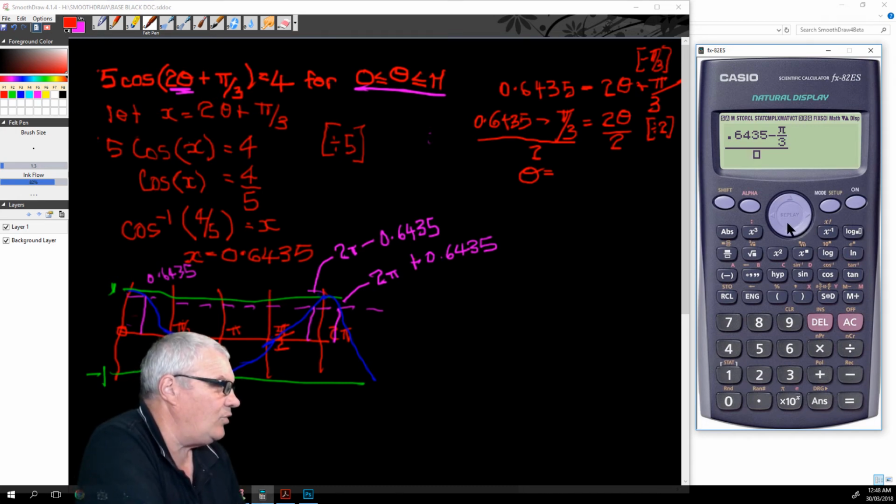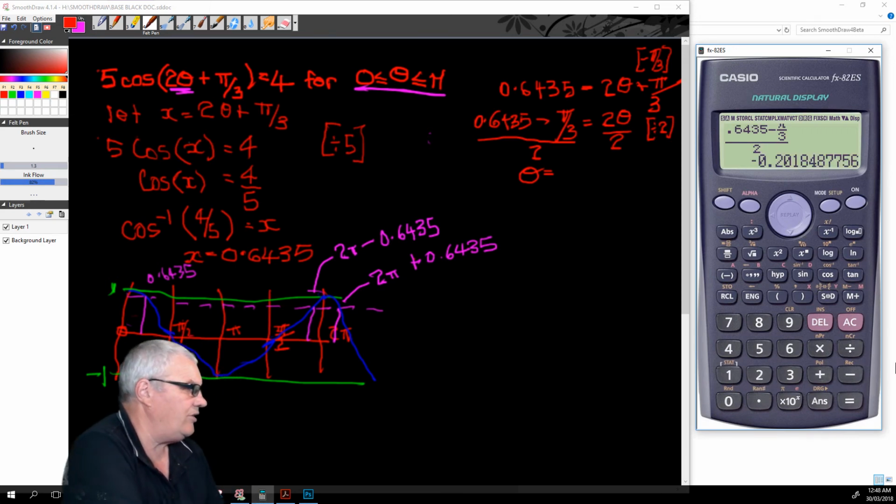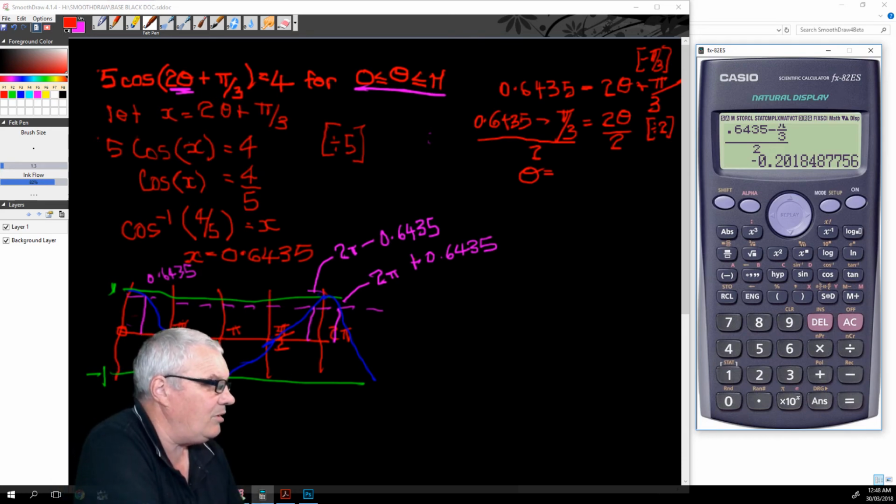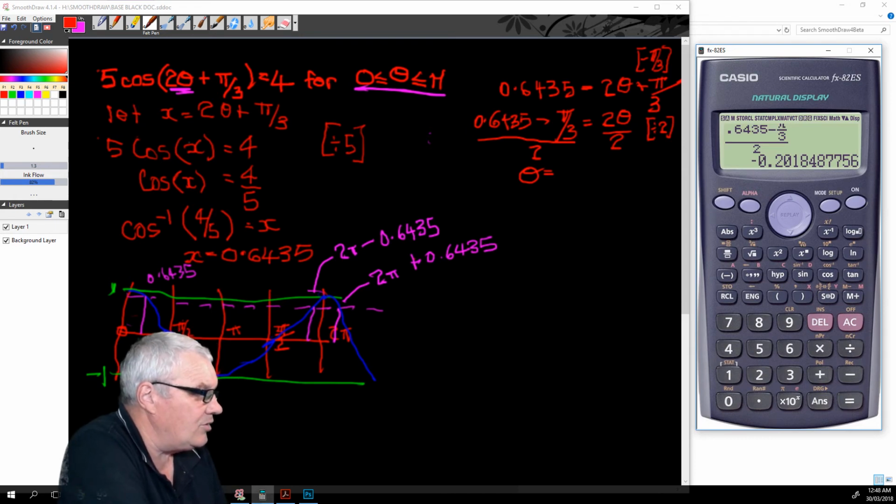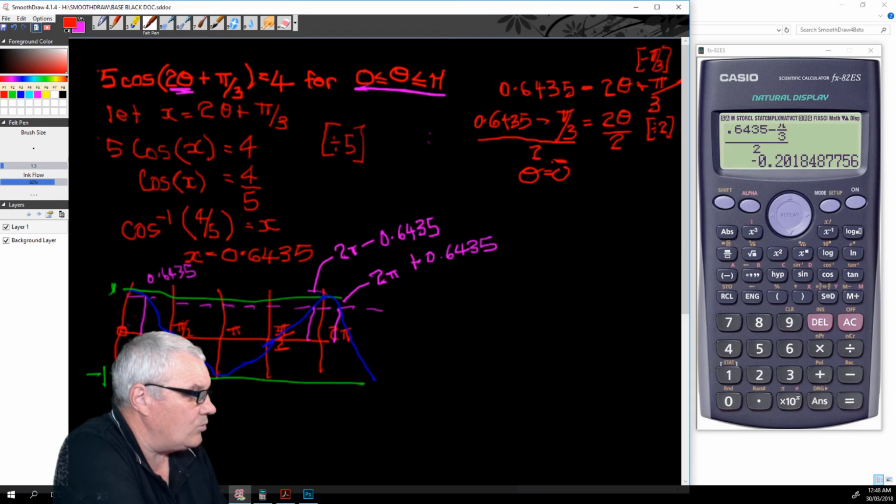So 0.6435 minus pi upon 3 divided by 2 equals, and that gives us minus 0.2018.